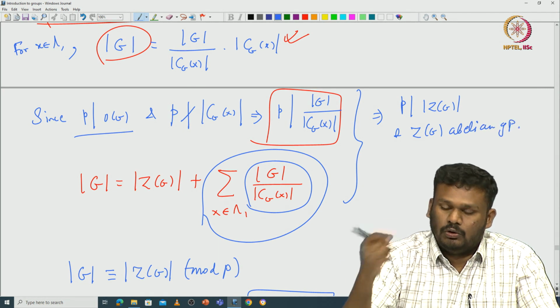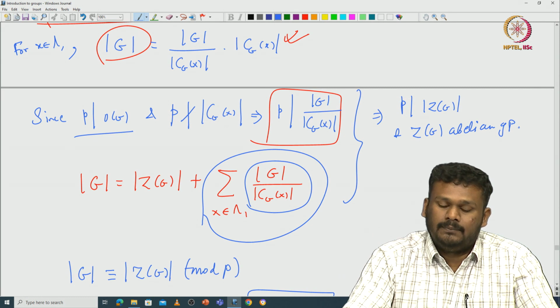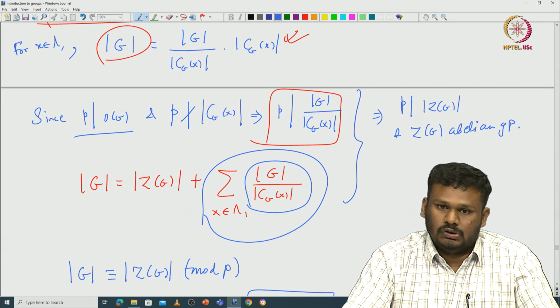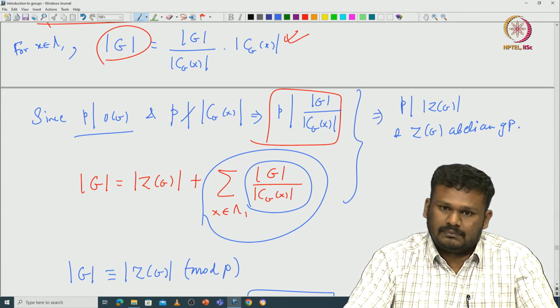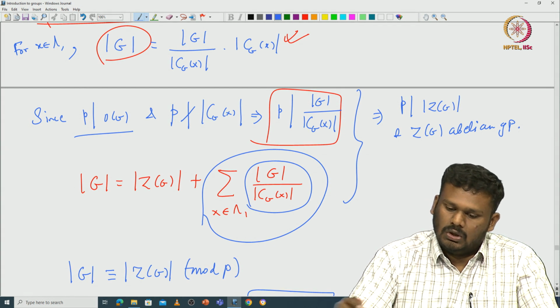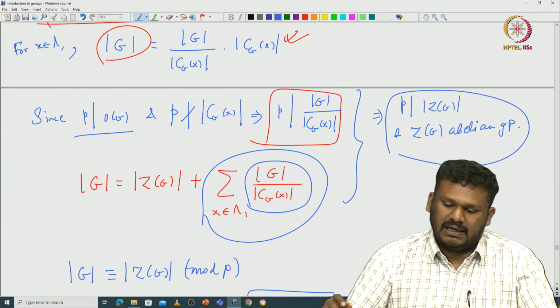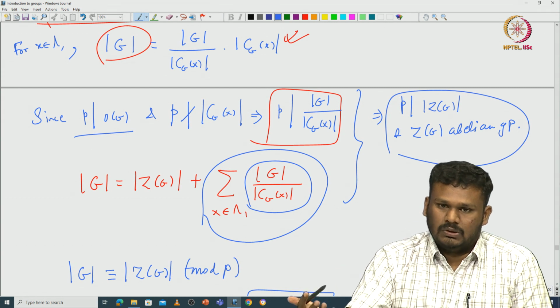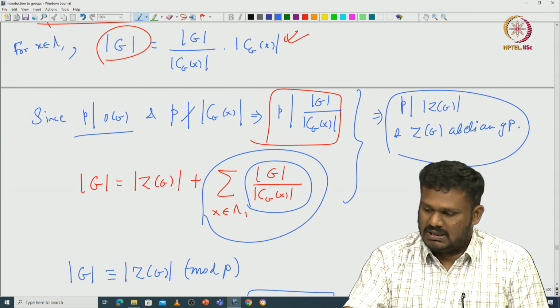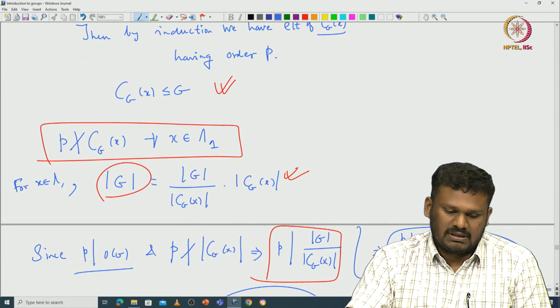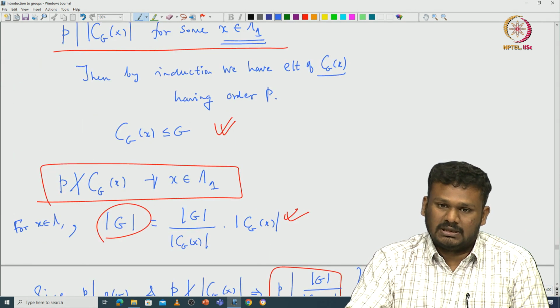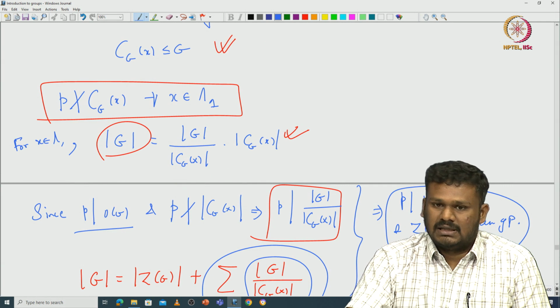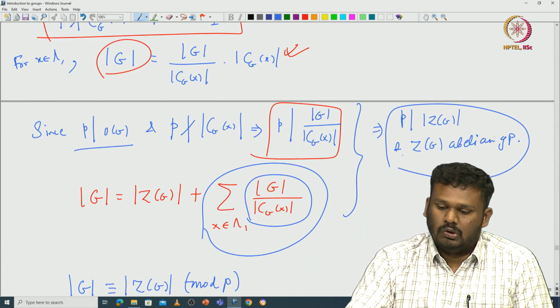Suppose you know this fact for abelian groups, then by induction you can complete the proof. So in some sense, using induction you can reduce your problem to abelian groups. That is what this class equation says. Again, the class equation is also a corollary of our group action. So this proof also in some sense uses group action.